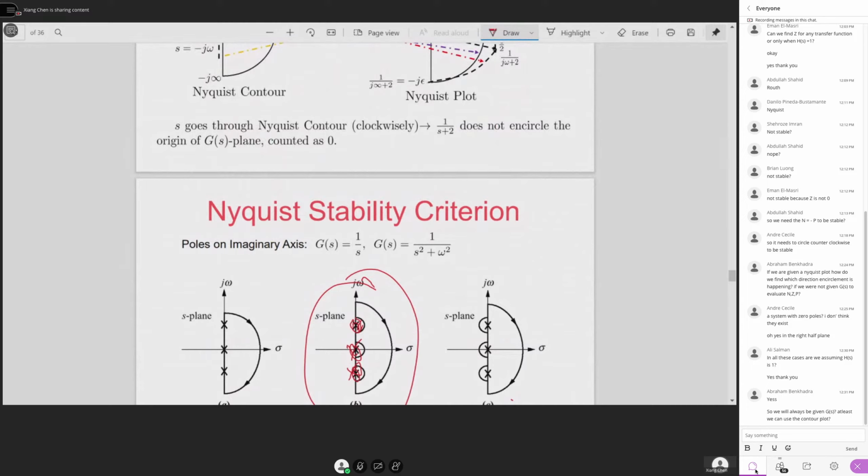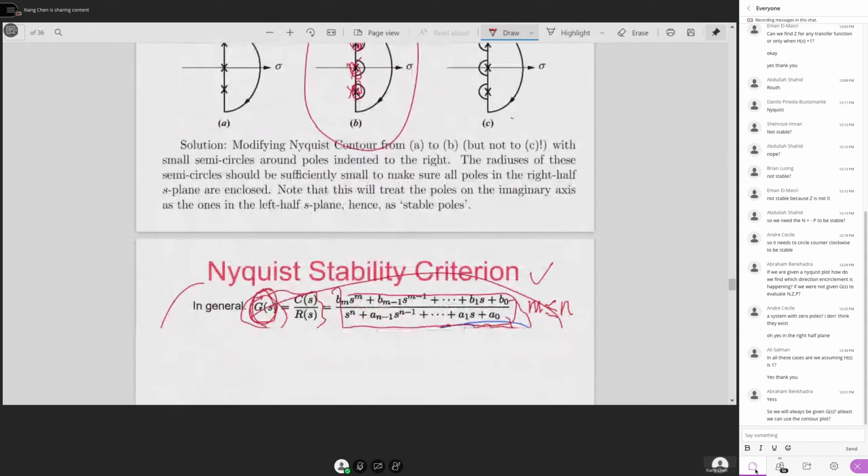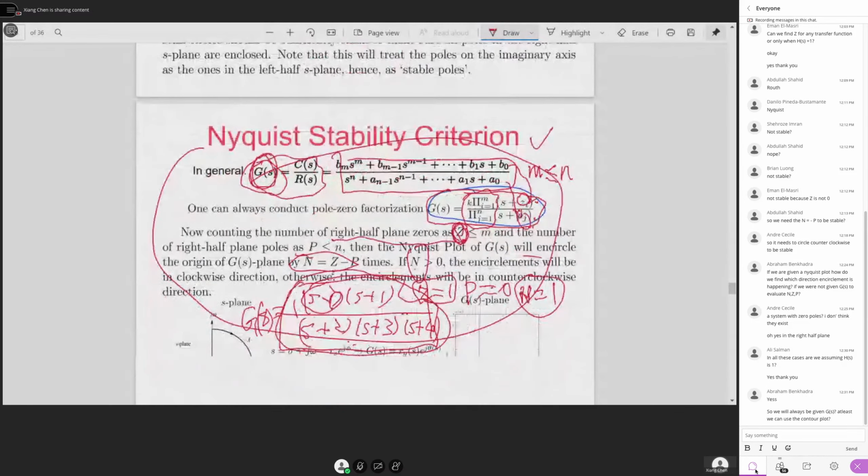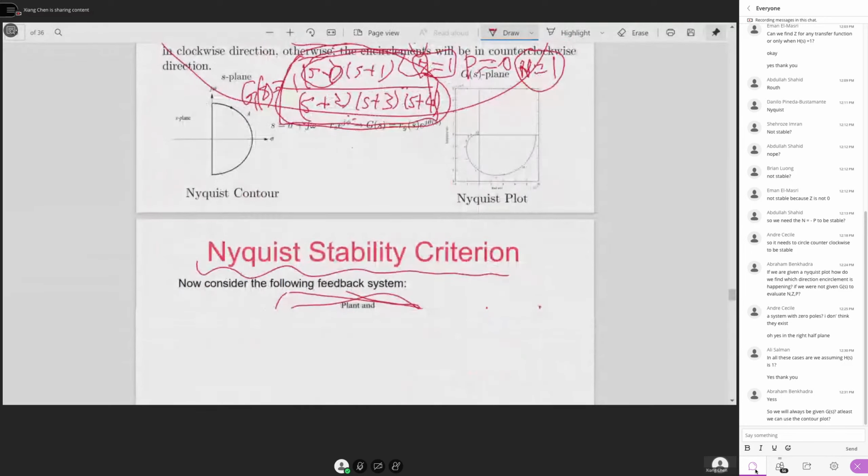Do we always get given G of s? That's a good question. From the statement of the Nyquist stability criterion point of view, I always assume G of s is available, so you are given the information of G of s.